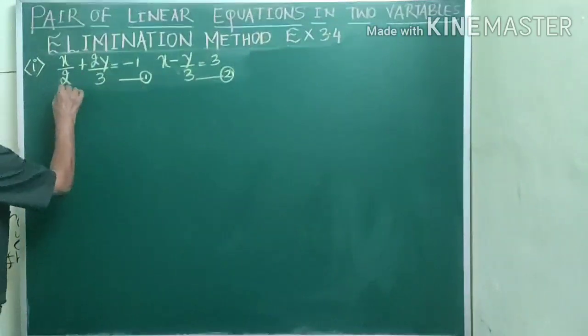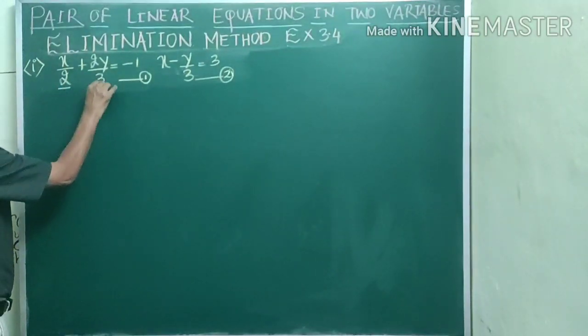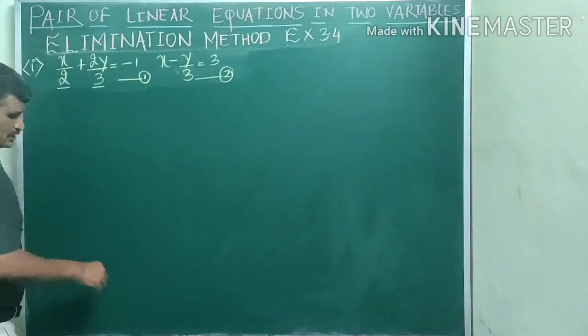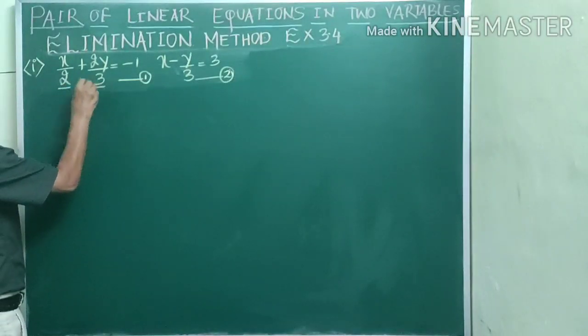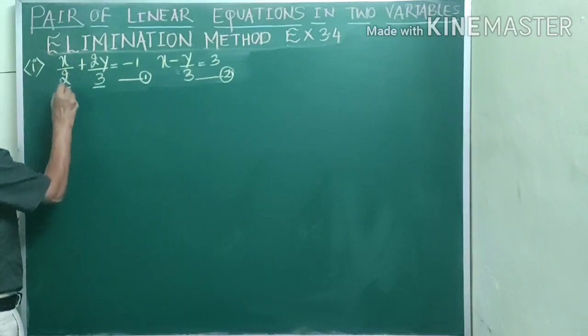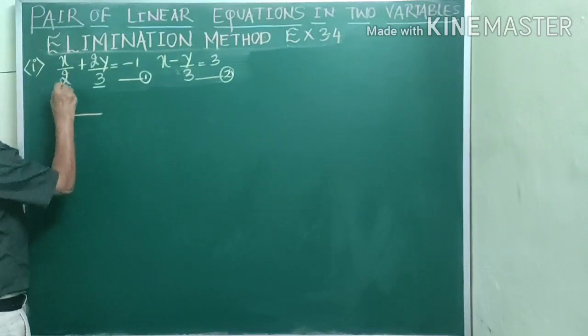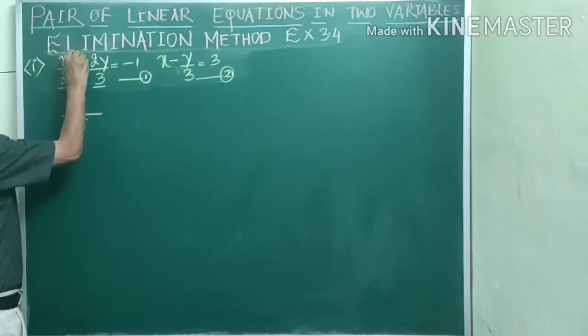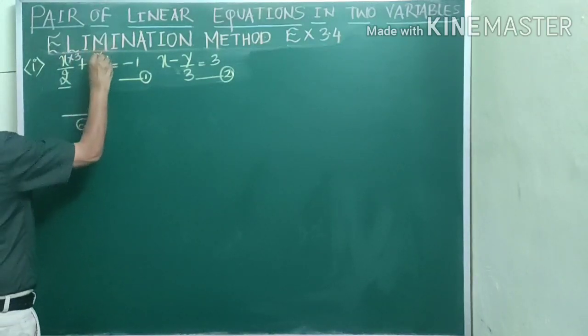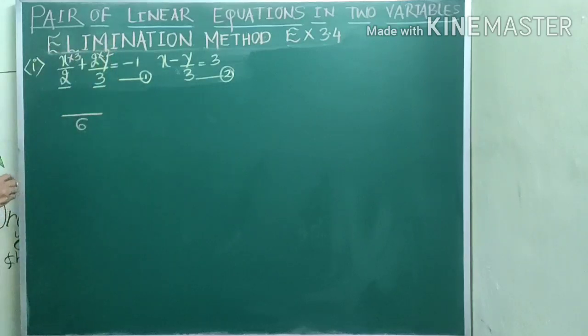Now see here, the denominators are 2 and 3. So the first thing that we will have to do is get rid of these rational numbers. How to get rid of the rational numbers? Take the LCM. The LCM of 2 and 3 is 6. Now 2 3s are 6 and 3 2s are 6.